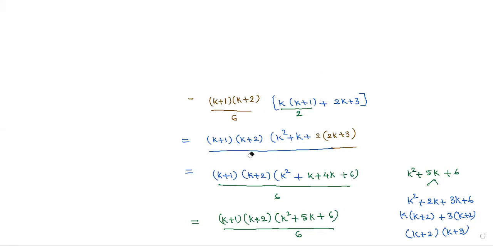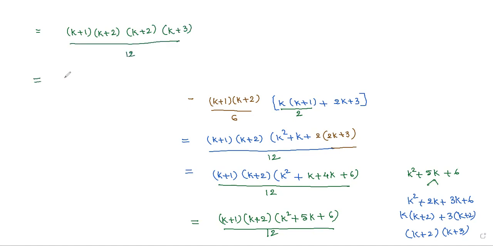Please observe. 6 twos are 12. Okay, write down. The next line is k plus 1, k plus 2, k plus 2 into k plus 3 by 12. That is k plus 1, k plus 2 whole square, k plus 3 by 12.